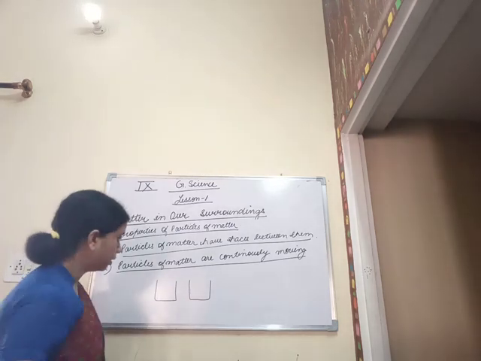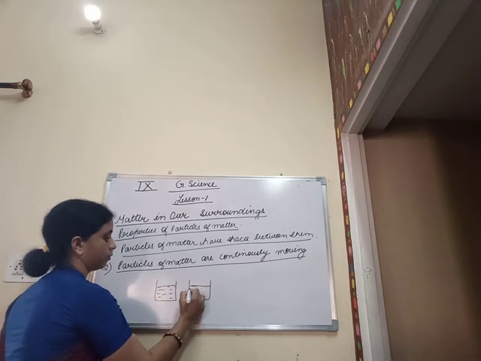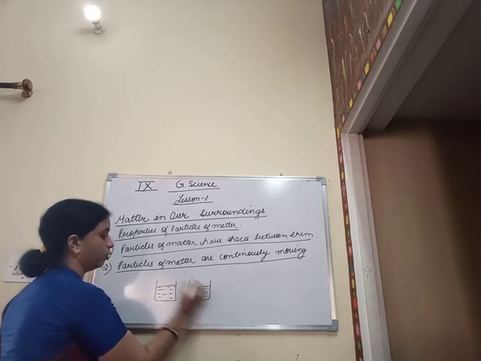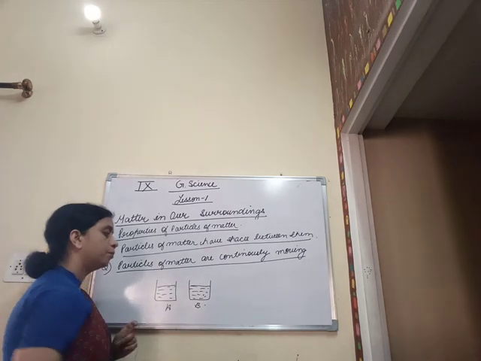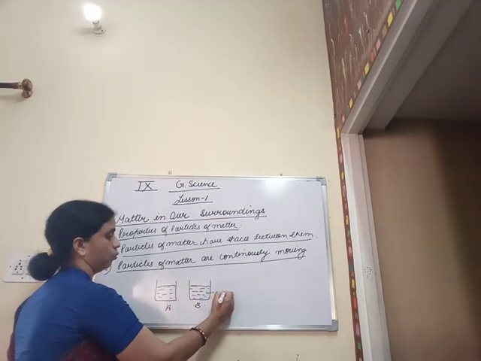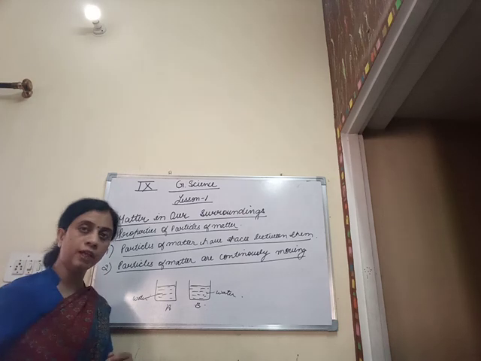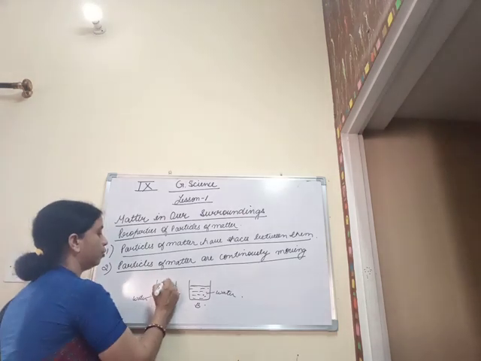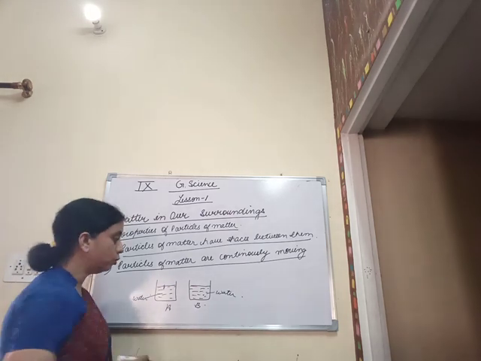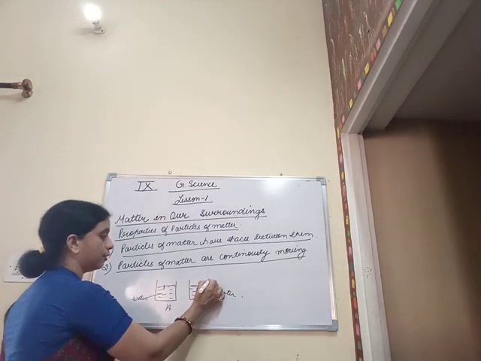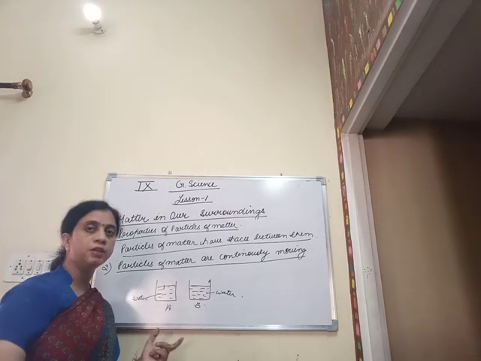In both the beakers you add an equal amount of water, say 50 ml in beaker A and 50 ml in beaker B. In beaker A, put some drops of ink, and in beaker B, you just put some drops of honey from the sides. Leave it undisturbed for a certain time.